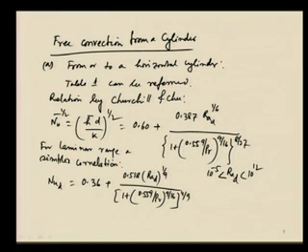Okay. And this is for the case 10 to the power minus 6 less than Rayleigh based on diameter less than 10 to the power 9, and we have seen that this is the case for free convection from or to a cylinder.